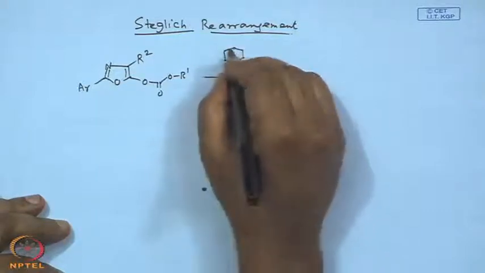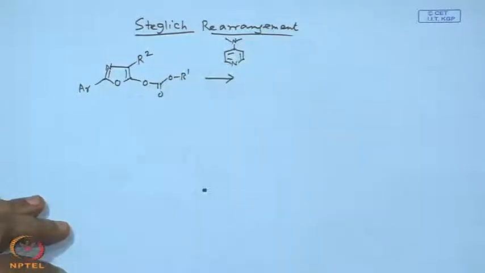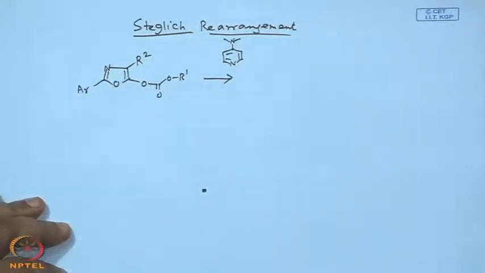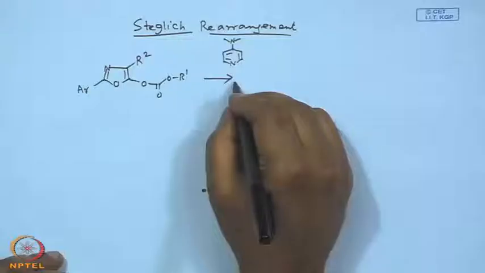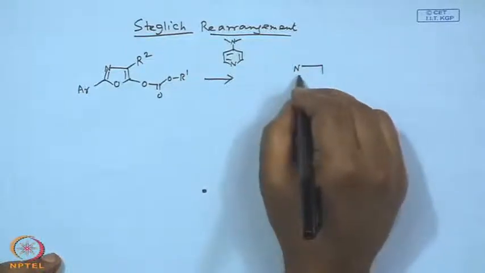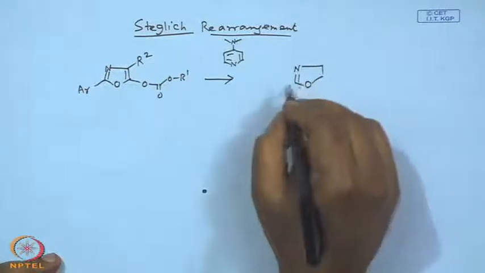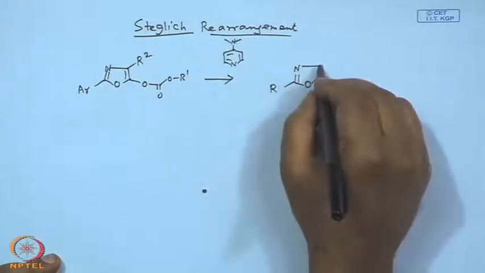It was treated with a reagent pretty well known in the organic lab, DMAP. It is a slightly stronger base than the corresponding pyridine. Under these conditions you expect to get a migration of this acyl group, the ester group.